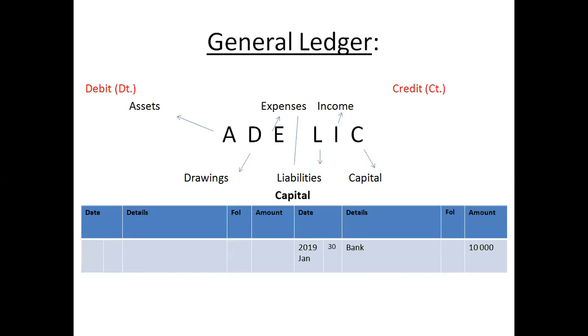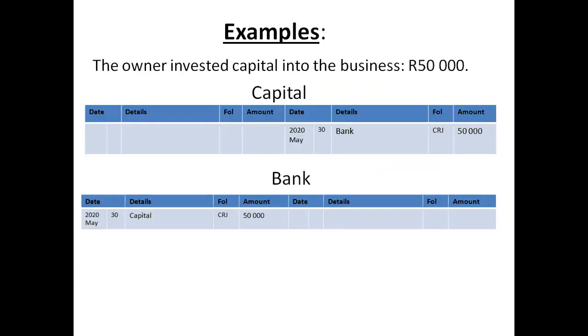If you look at Lady Adalick, on which side of the account must be the entry? Right, C for capital, so it must be on the credit side. Okay, so there you will see there is the entry on the credit side. I've just used a random date there, 30 May 2020. And then with details, you need to write in the friend's name.